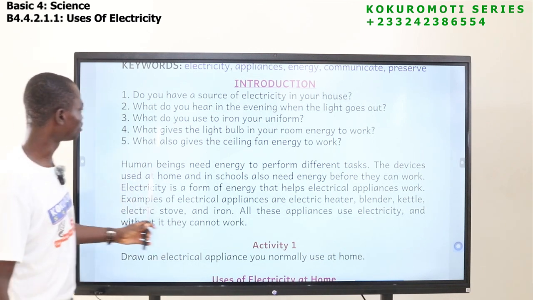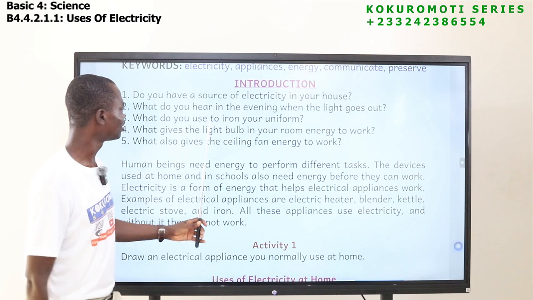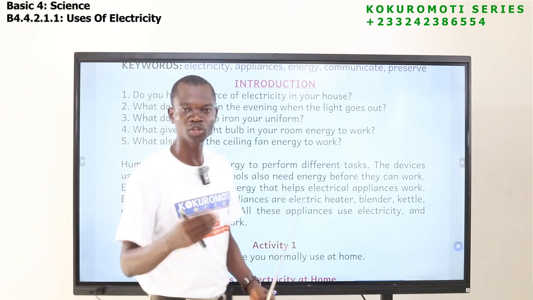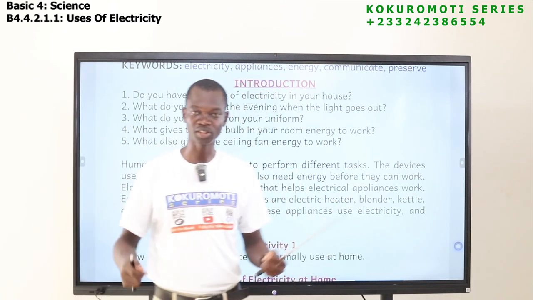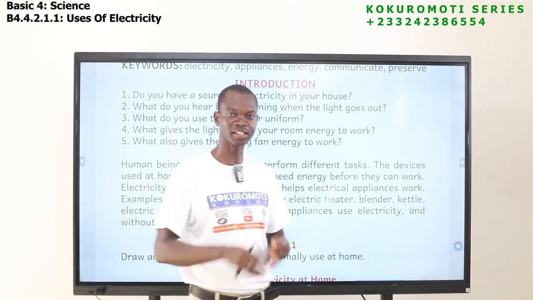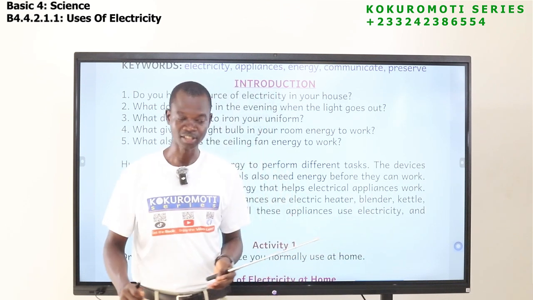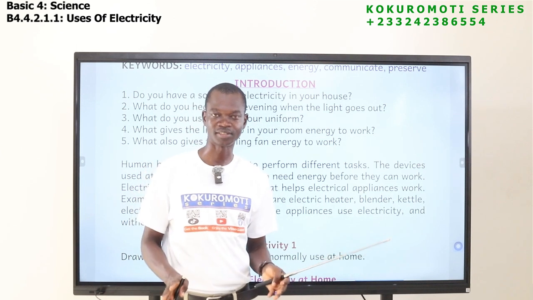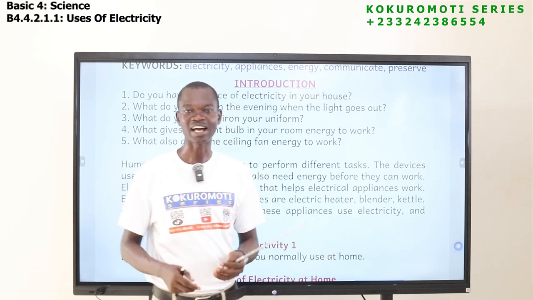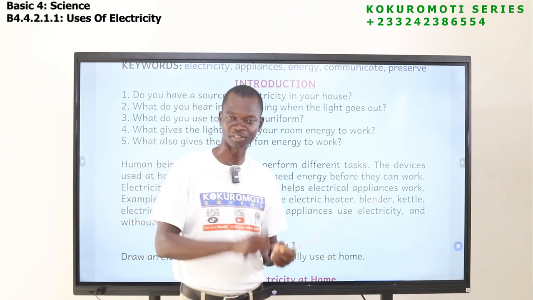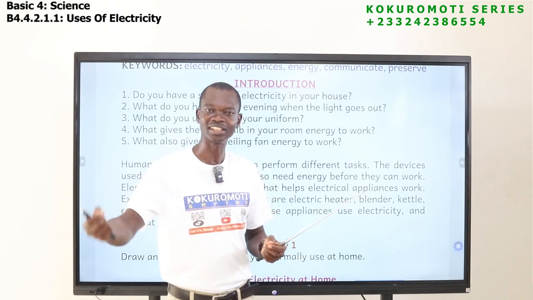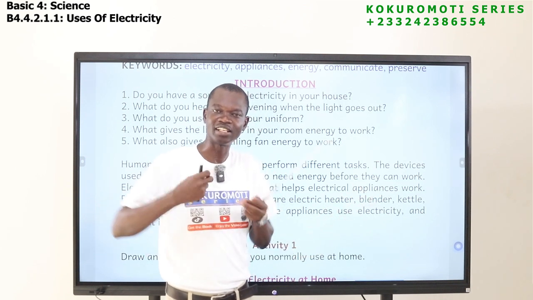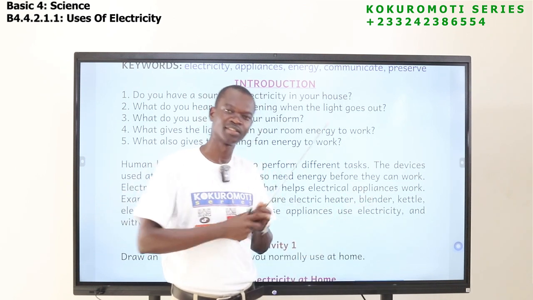Third question, what do you use to iron your uniform? You use an electric iron, right? The moment you buy the electric iron, you cannot use it without plugging it in, without any source of energy. After you have bought the electric iron, you need something to give it energy to work.